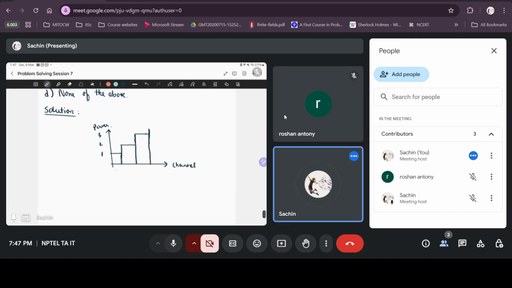So this is channel 1, this is channel 2, and this is channel 3. This is N1, this level is N2, this level is N3. So now you have 2.5 watts that you have to share among these three.